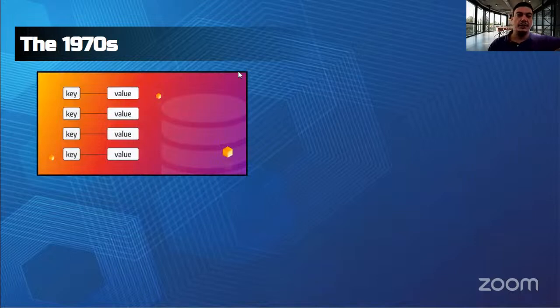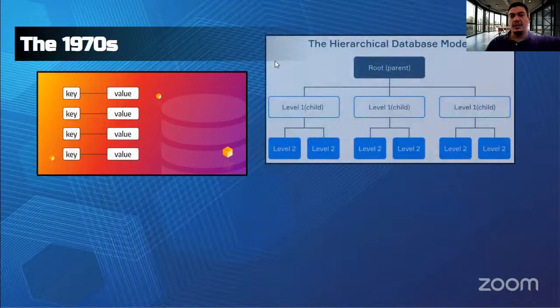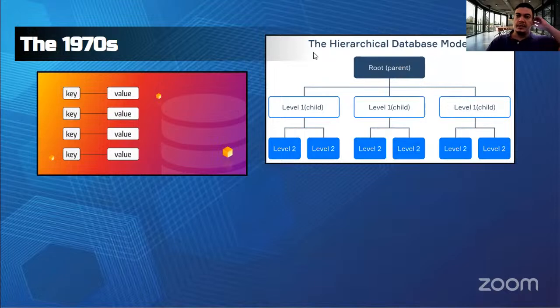When I talk about key value database, I immediately remember MUMPS, arrays and matrices. The data is stored like an array, like a matrix. And I had hierarchical databases too, and a good example of a hierarchical database is IBM IMS.